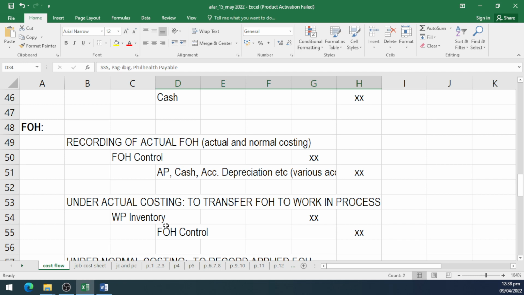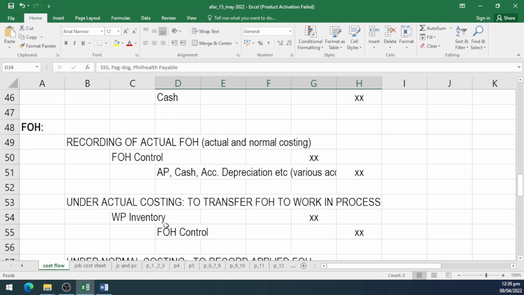We will accumulate the actual overhead incurred in that account, factory overhead control. And here is the pro forma entry. Debit factory overhead control and credit to accounts payable, cash, accumulated depreciation, etc.